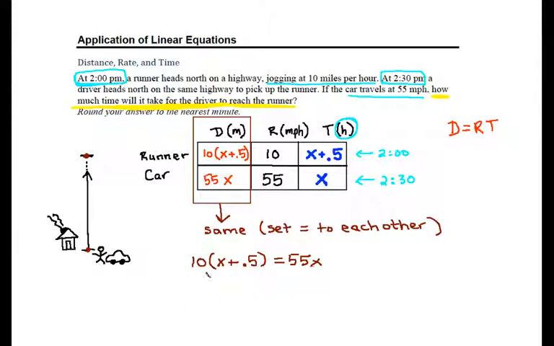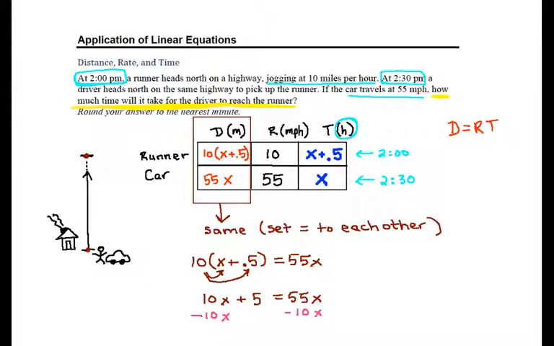So let's go ahead and distribute. 10x plus 0.5 times 10 is 5. I will subtract 10x from both sides just because it looks like this is going to get me to the answer a little quicker.